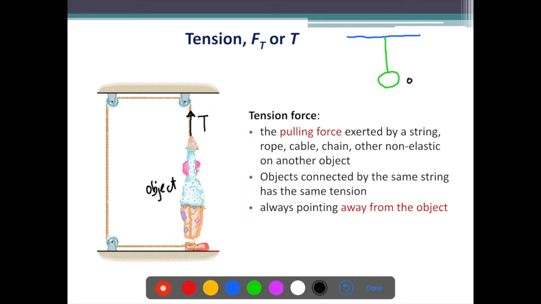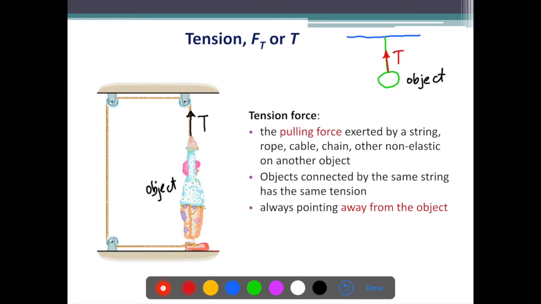In this case, because you're wanting to find the force on the ball, the object is the ball, and so the tension force should be directed away from the object or from the ball. Of course, it should be along the string, and that will be your tension force. Okay. There's also one other force acting on the ball or the object.